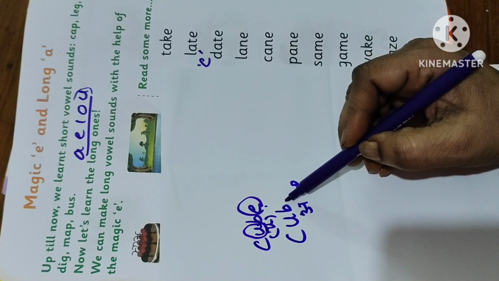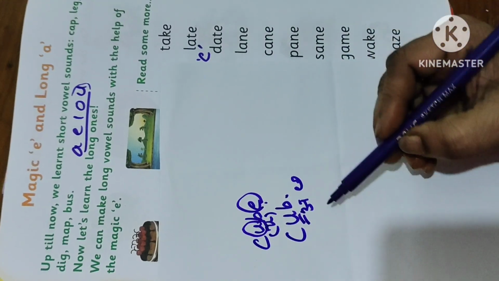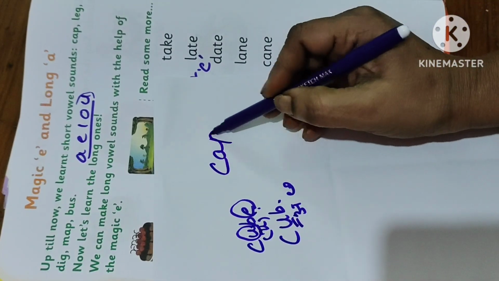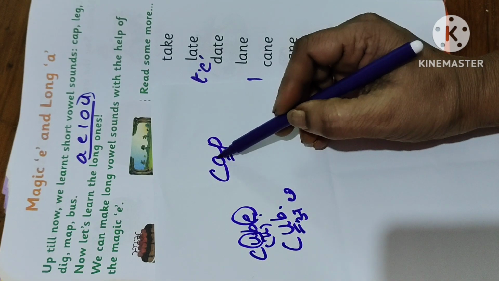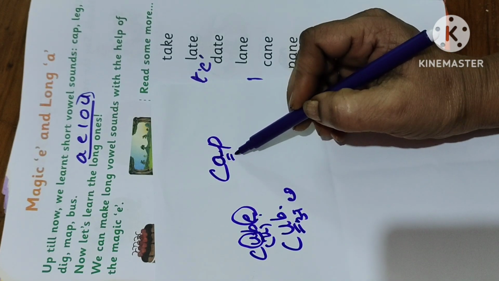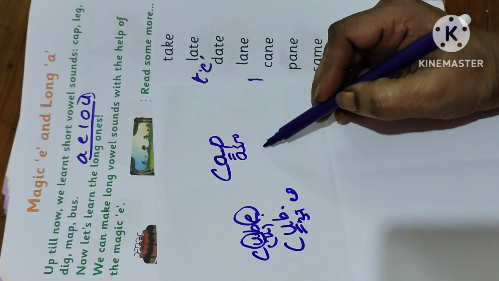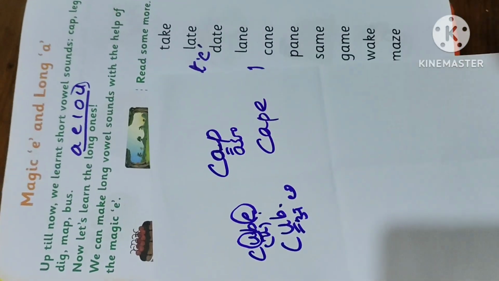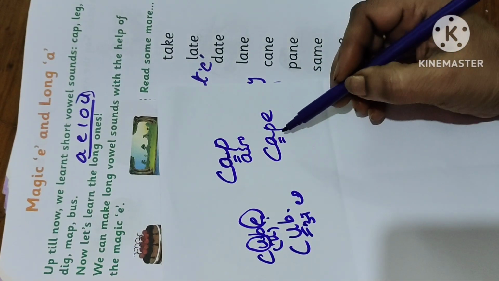But when there is no silent E, it has its own phonic sound. For example, cap, A sound. But when silent E is added: cape, A, the letter name.